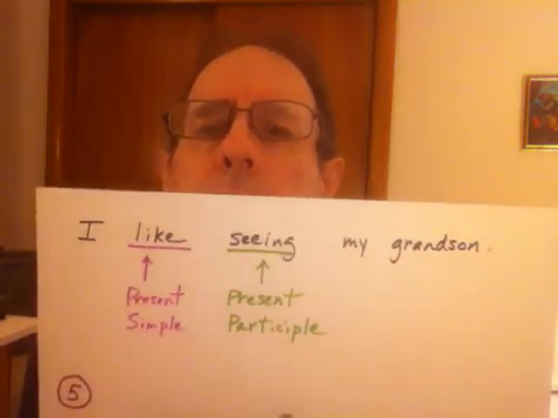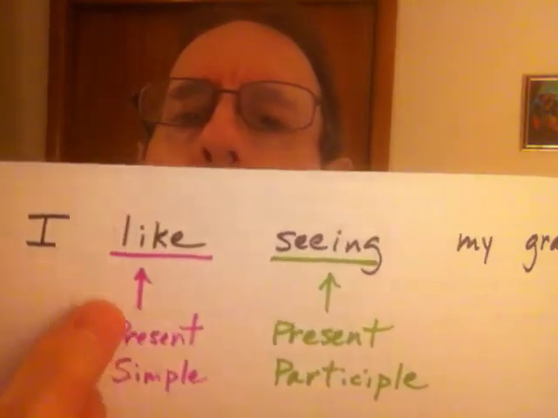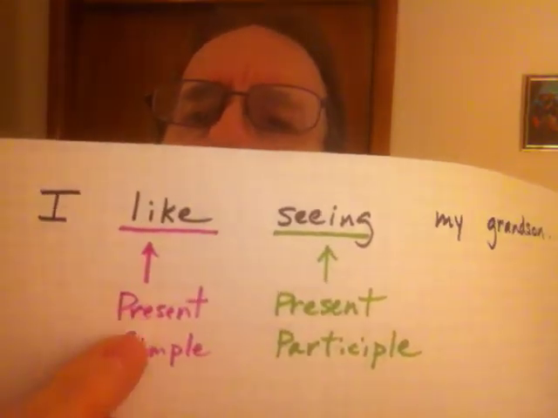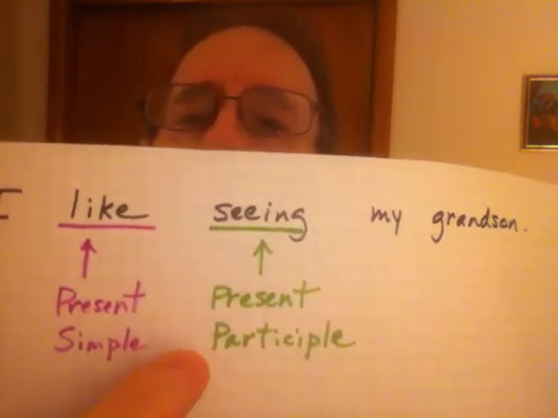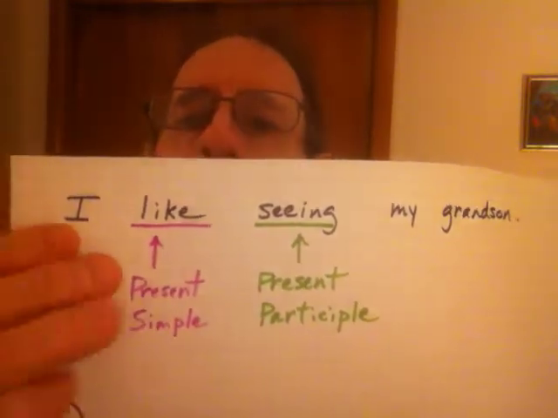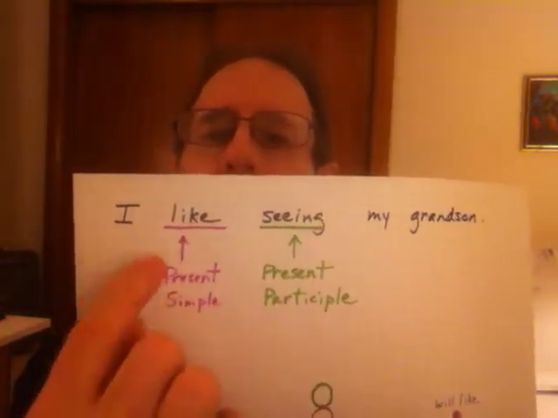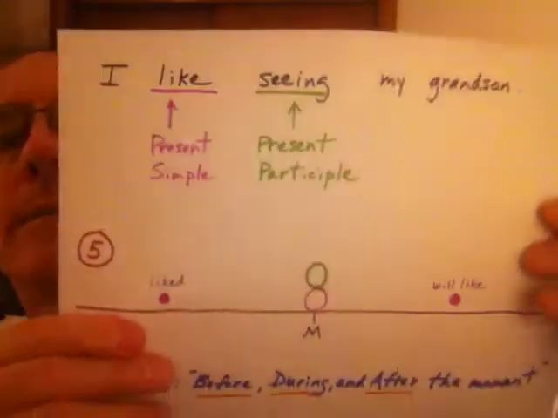All right, now another sentence. I like seeing my grandson. Okay, present tense, present simple you could call it. Seeing, present participle. All right, that's a different form of the verb, present participle. So this combination, I like seeing my grandson, gives us yet another timeline.